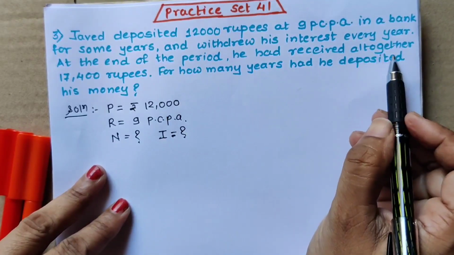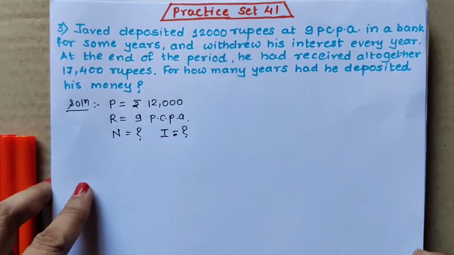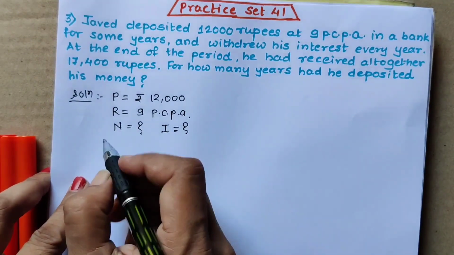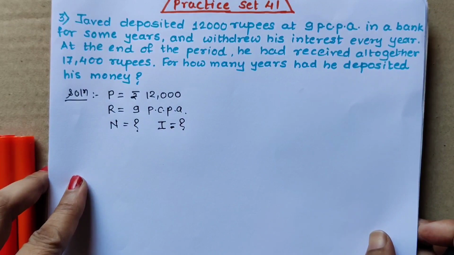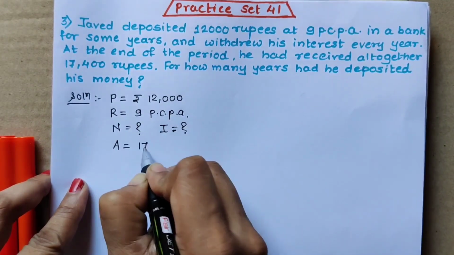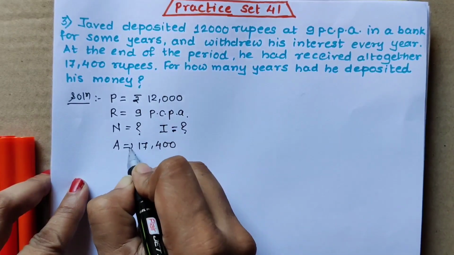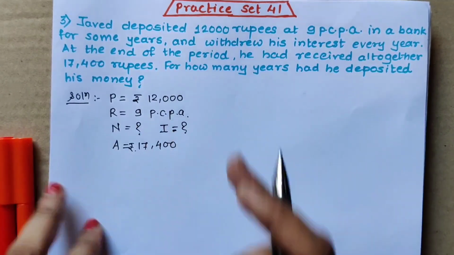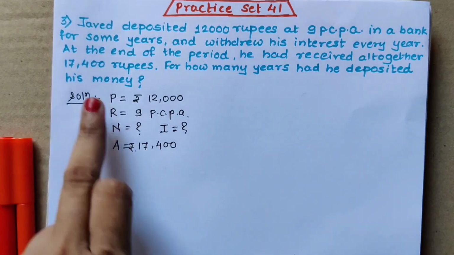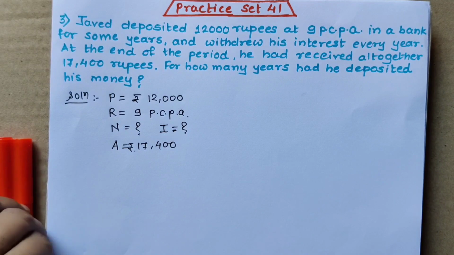In the end, he has received 17,400 rupees. That means this is the value of amount which is given to us. Amount is given, which is 17,400 rupees. So see children, we have been given amount and principal also. So from amount and principal we can get the value of I.